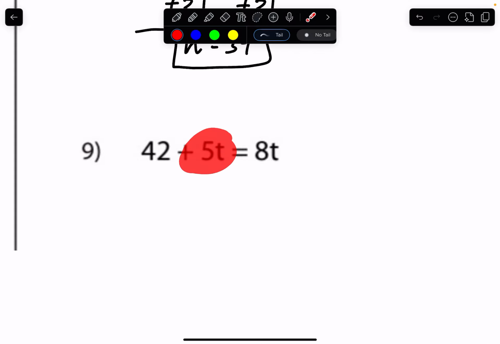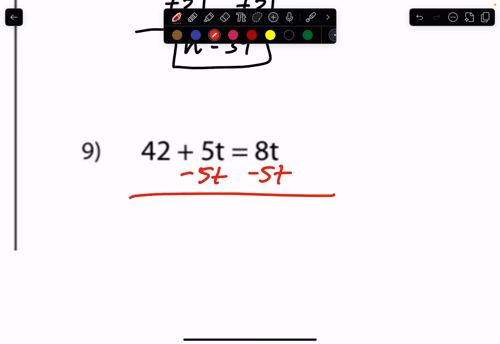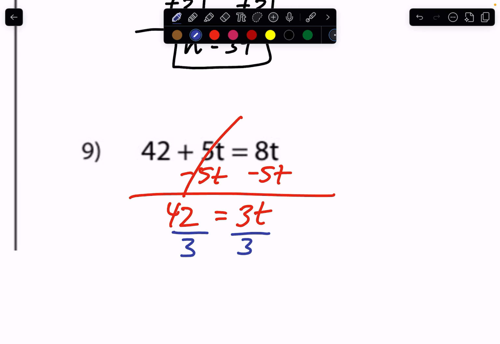Right here I have a positive 5t, so I'm going to take it away, because again, imagine 5 hot Cheetos, minus 5t from both sides. 8t minus 5t gives me 3t, so I'm left with 42 equals 3t. Now I have 3 times some number giving me 42. Divide both sides by 3. 42 divided by 3 gives me 14 equals t.